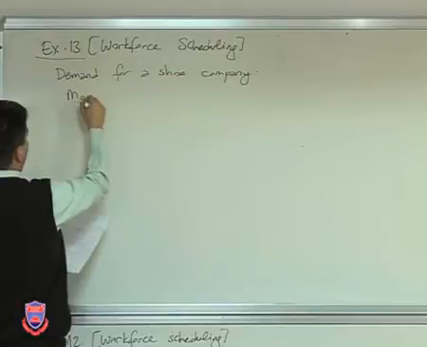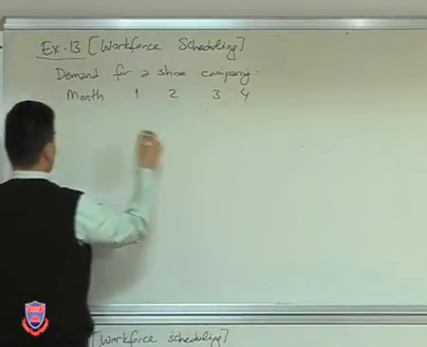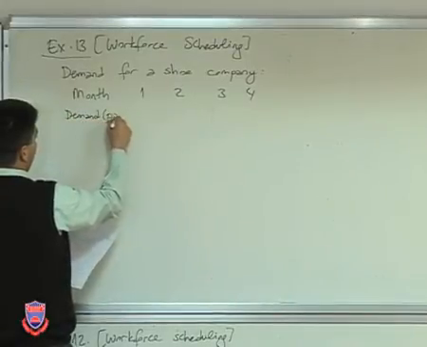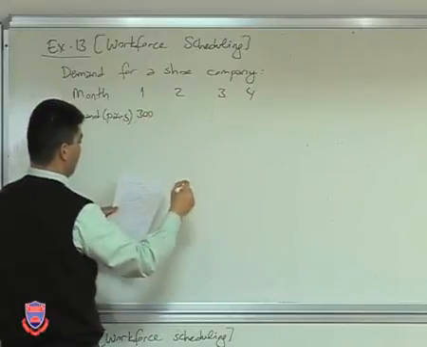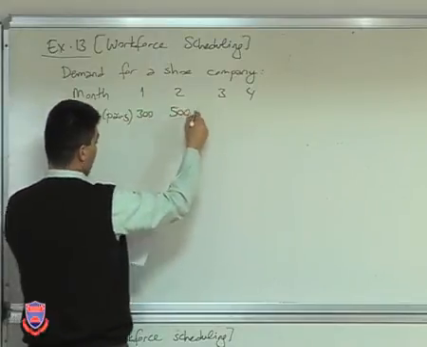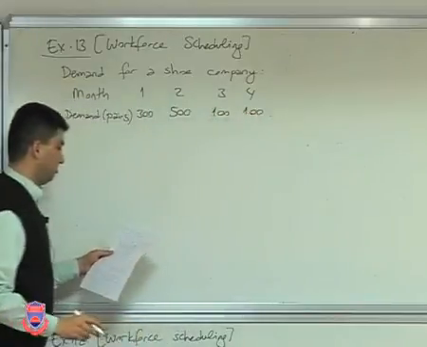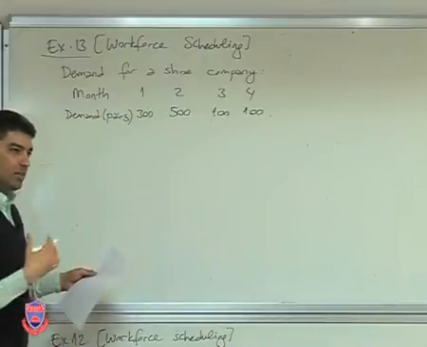So we have the next 4 months, 1, 2, 3, and 4. And we have the demand in pairs. So in the first month, we have a demand of 300. In the second, we have 500, then 100, then 100. So this is our demand information for the next 4 months.